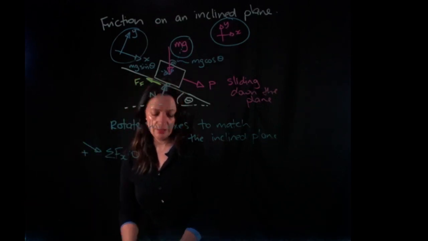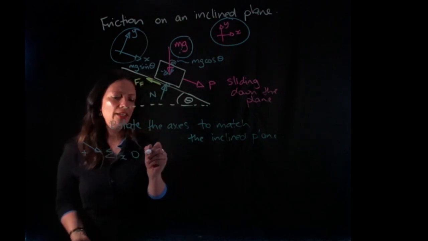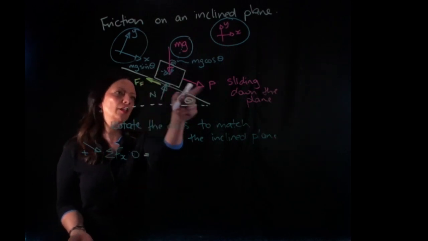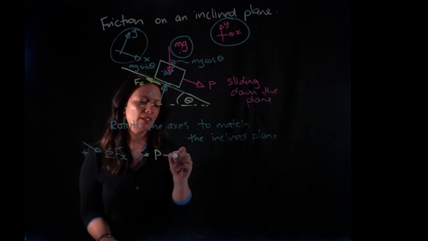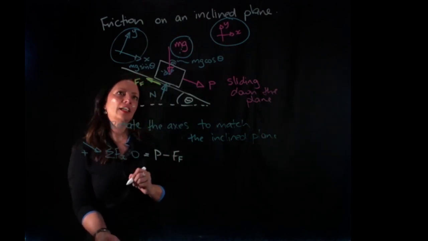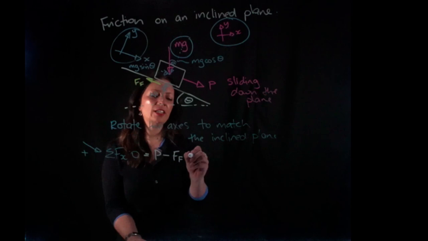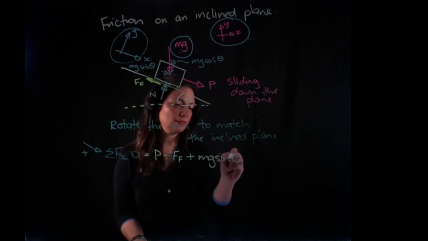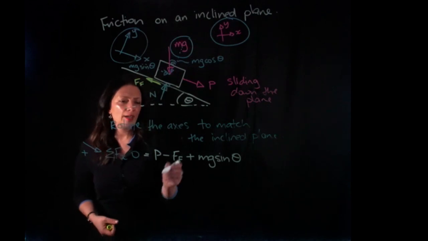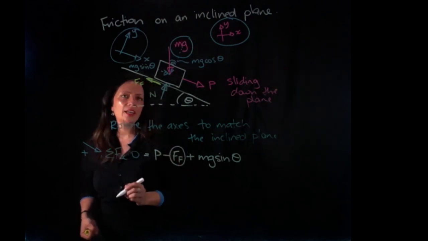We have P positive, friction Ff, and we also have mg sin theta. How else can we express F?